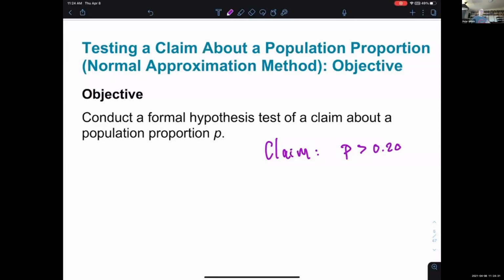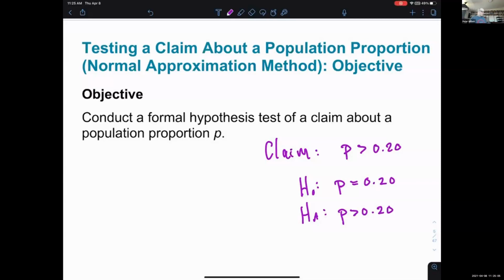The way we would conduct a formal hypothesis test is we would produce a null hypothesis and an alternative hypothesis based on this claim. The null hypothesis would be where you set the parameter equal to the value in question. So in this case, it would be that the proportion is equal to 20%. And the alternative hypothesis would in this case be our claim that the proportion is greater than 20%.